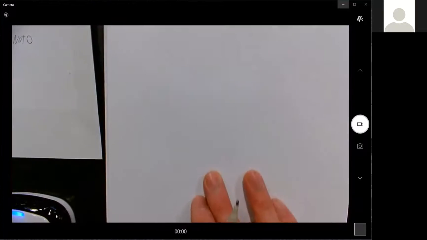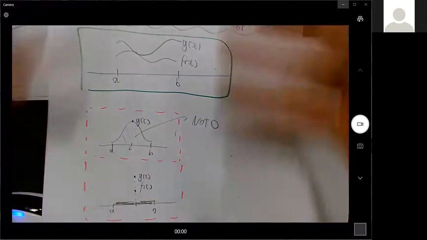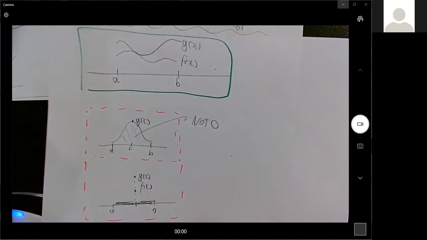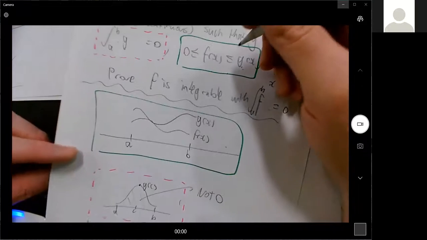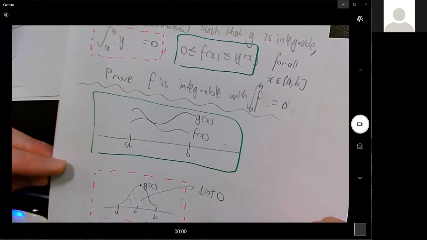Okay. So that's fine. This is my understanding of the proof. And if I were in an exam and I was still blocked, not knowing what to do, I would write down that reasoning. I would say, I'm not sure of the formal proof yet, but these are my thoughts.